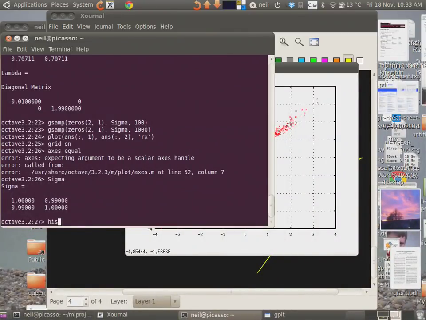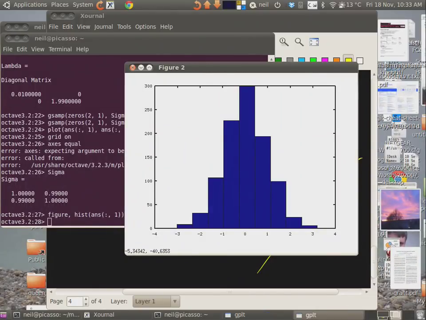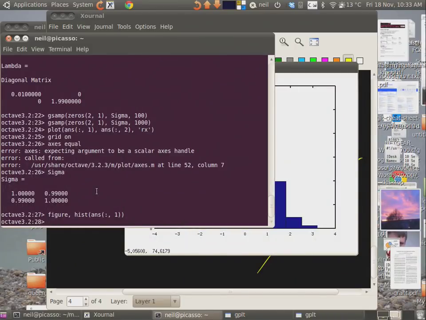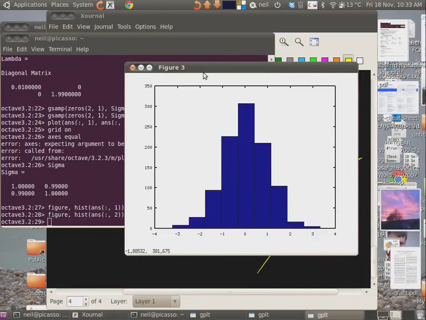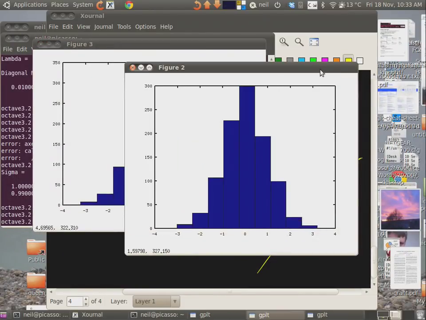Let's histogram those values in one dimension. Oh, golly, look at that. The standard deviation is 1. It's kind of misleading though, because you look at that and think, this is quite a noisy system, don't you? And then look at the other one. So let's plot histograms in those two directions. There's our data, all histogrammed.